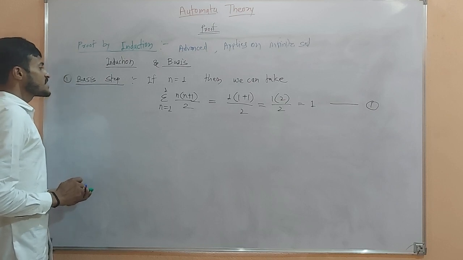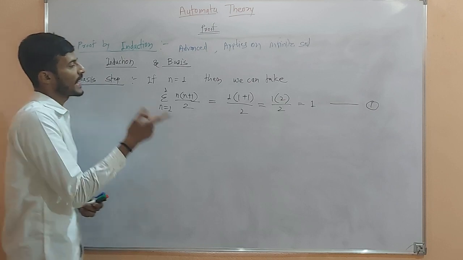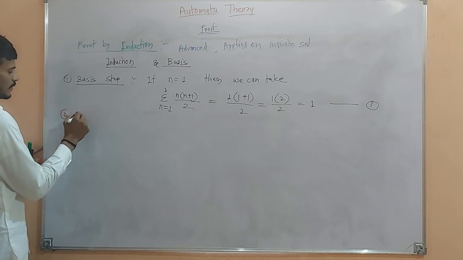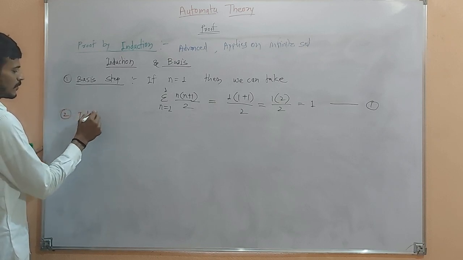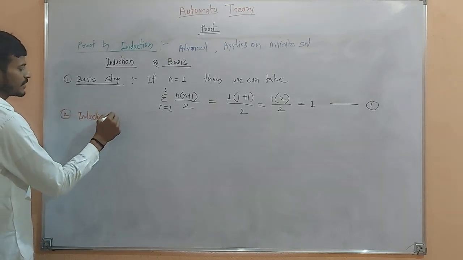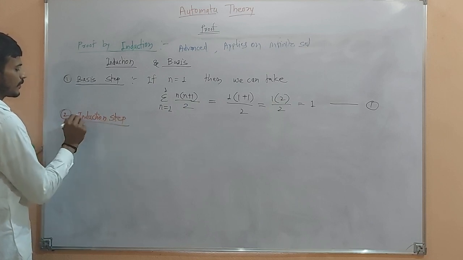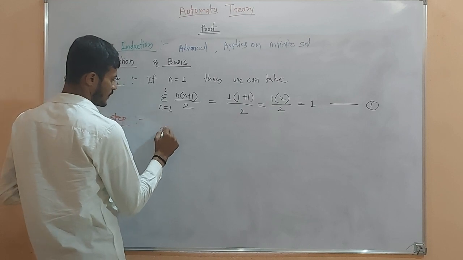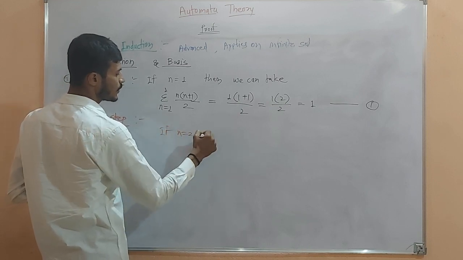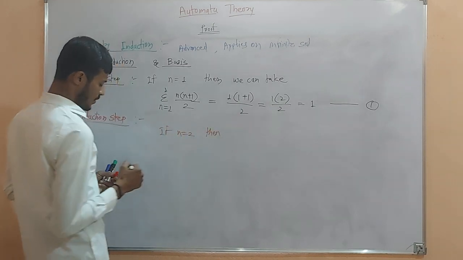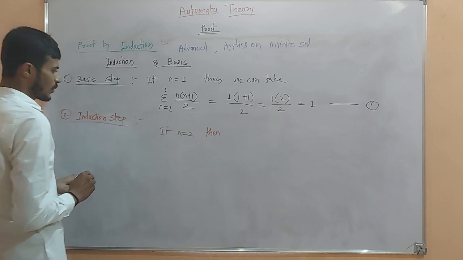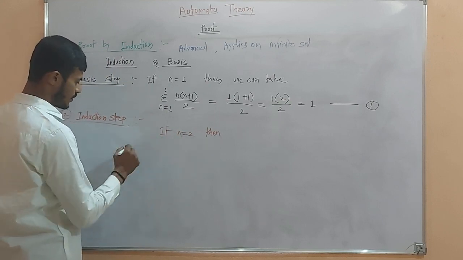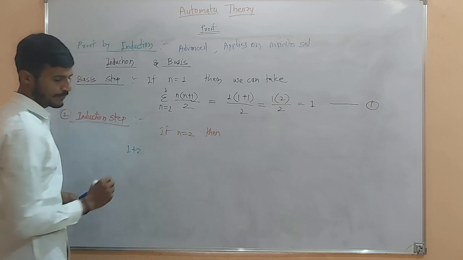And by using this basic step, we can go for the next step, that is the induction step. So what is the induction step? If n is equal to 2, then what is the meaning of this? Simply we are going to take the summation of 1 plus 2.